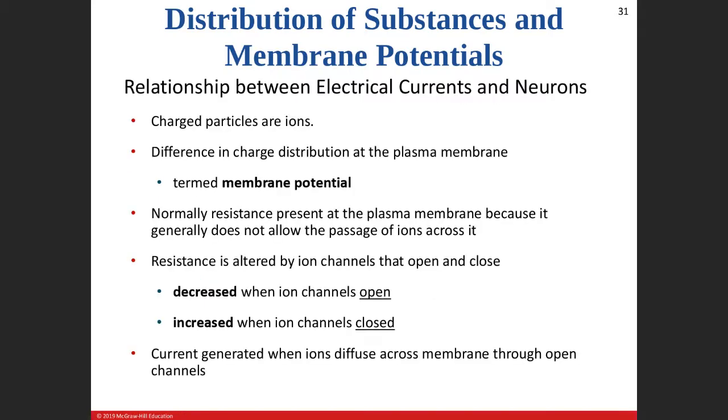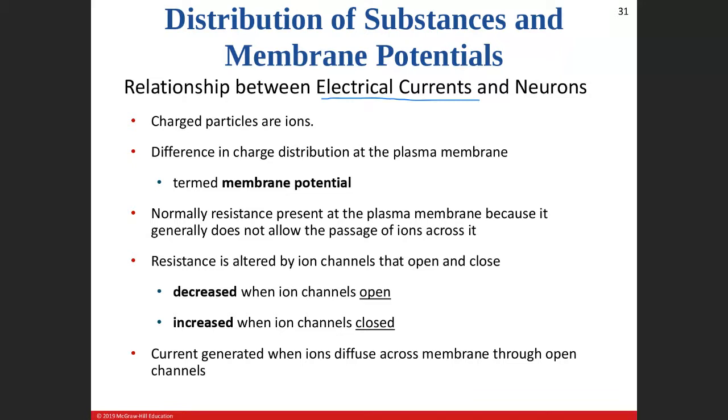So that brings us to this part here, when we're talking about electrical currents. Going back to chapter 2, you know that a charged particle is an ion. So sodium is an ion. Calcium is an ion. Potassium is an ion. Chloride's an ion. I could go on and on.